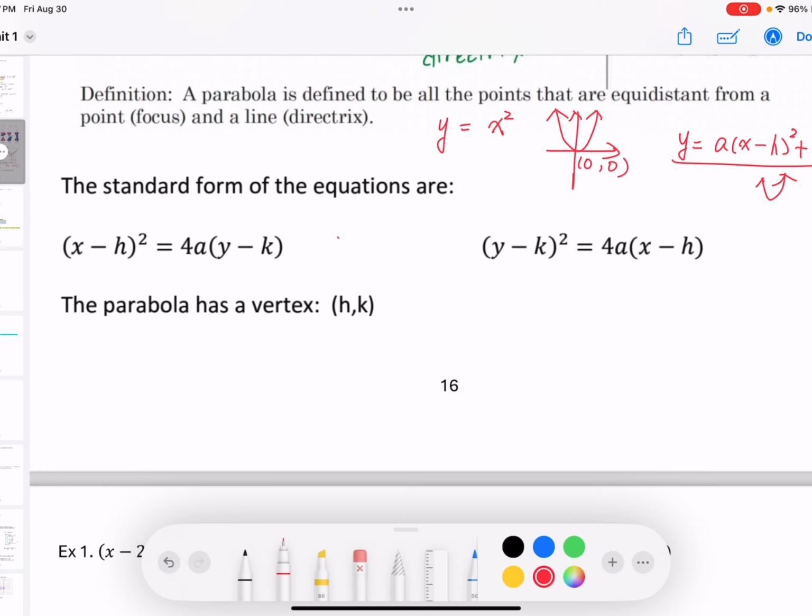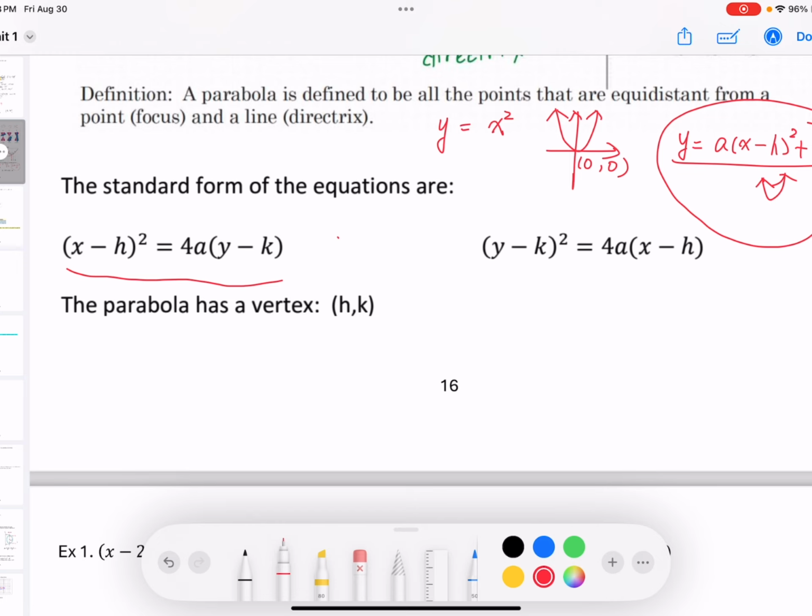So we have horizontal shifting, vertical shifting, and the stretching or reflecting of the image of my parabola. Now we convert this expression so the x squared part is isolated: (x minus h) squared is equal to 4a times (y minus k).